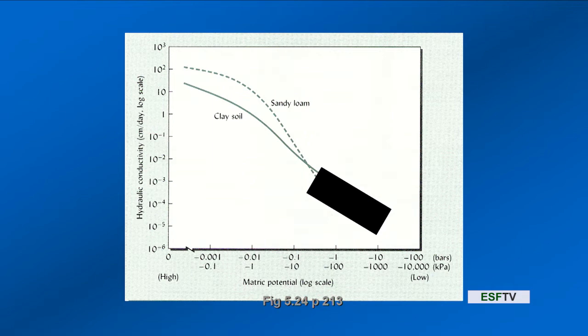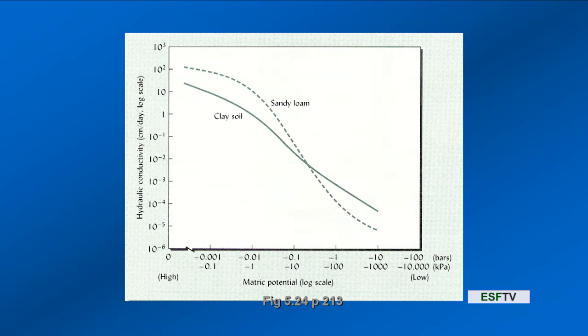This pattern for hydraulic conductivity shows a sandy loam being greater than a clay soil. So a coarse textured soil has a greater hydraulic conductivity than a clay soil. Okay? And let's look at the second piece of that. It flips. As we get down into the drier portions, the lower potentials, the clay soil has a greater rate of hydraulic conductivity than the sandy loam.